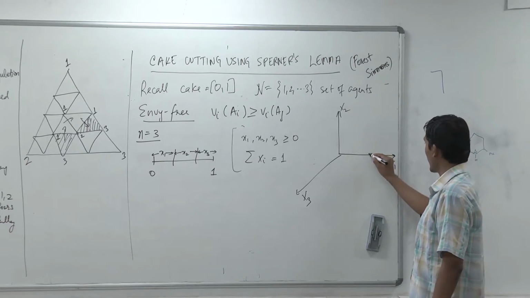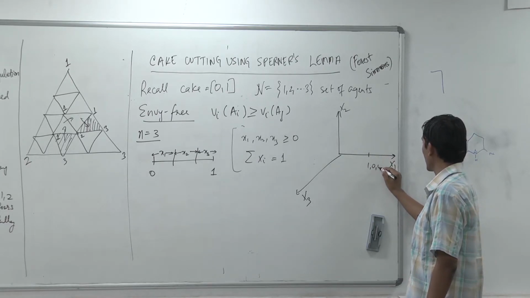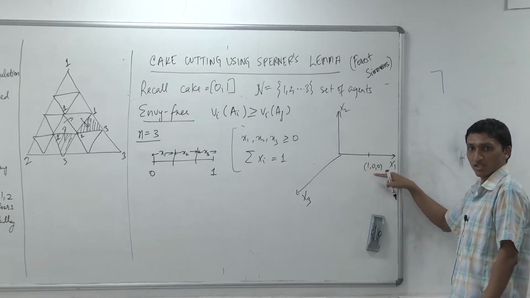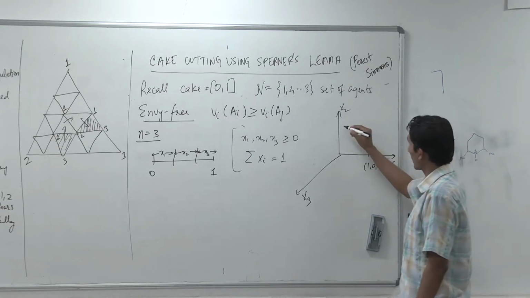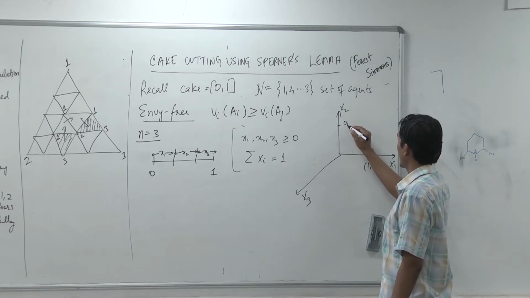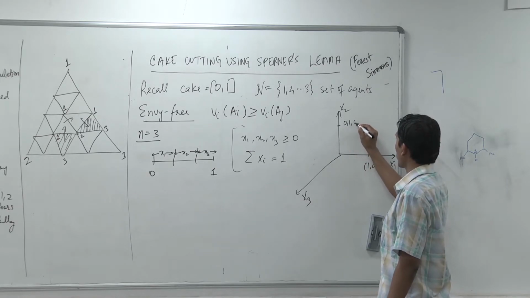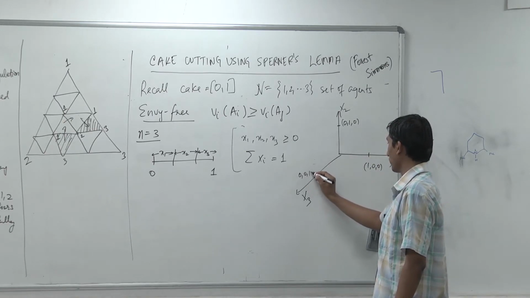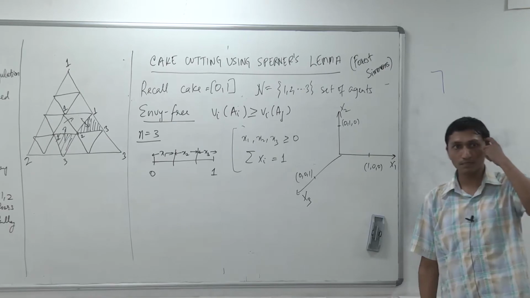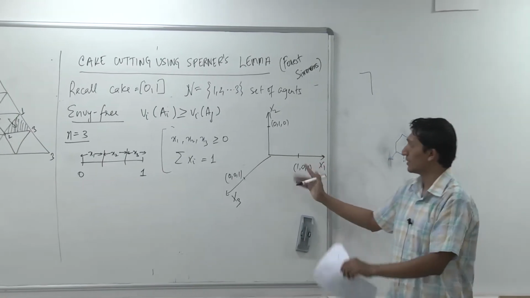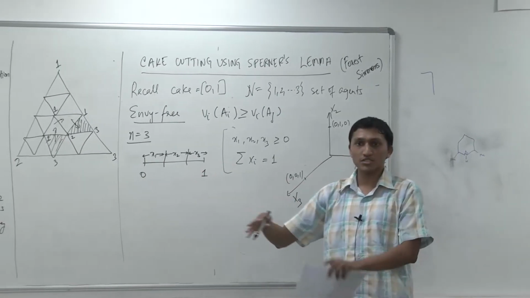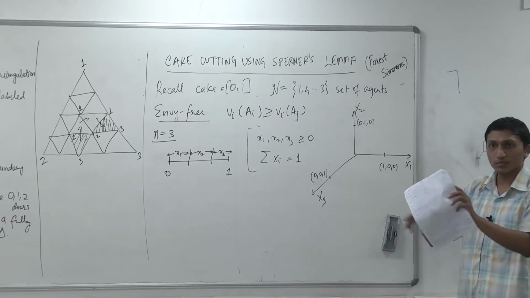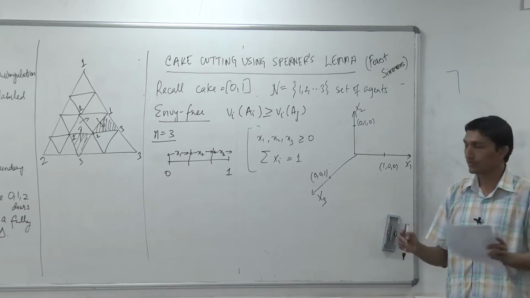So one extreme point would be (1, 0, 0). That means x1 is 1, x2 and x3 are 0. Then you could have x1 equals 0, x2 equals 1, x3 equals 0, and (0, 0, 1). Okay, these are the 3 extreme divisions in which some player gets the entire cake and the other 2 players get nothing. And everything else should be somewhere in between.